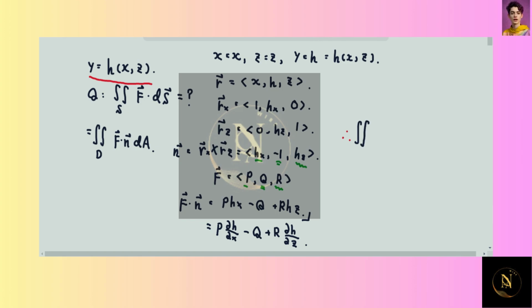It is going to be the double integral over the projected region of the expression P dh/dx minus Q plus R dh/dz. And this is going to be the other formula that we can use.